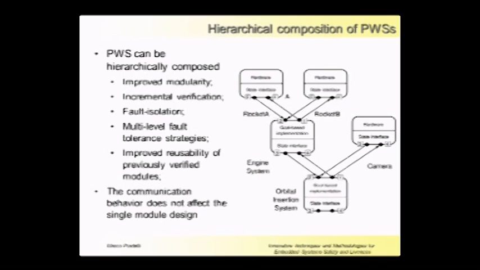From this picture it's visible that we have rocket A and rocket B. If rocket A fails, it is the engine system that is informed of the failure and then tries with rocket B. If rocket B has not failed, then the fault is contained at this level. If both redundant devices fail, then the whole system is affected, and the fault will propagate to the top level.